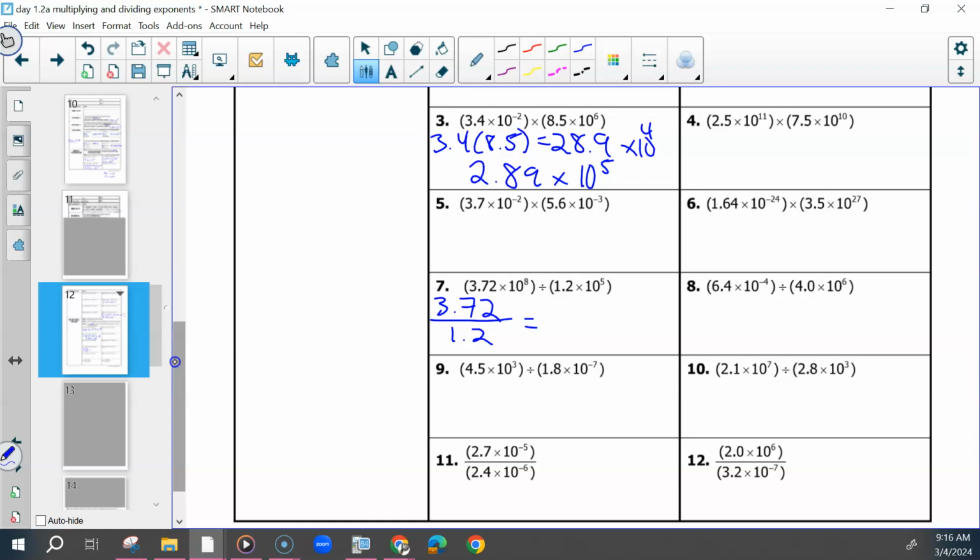To get, and then if we are dividing the like bases, what are we doing with the exponents? Subtracting. So our new exponent would be 3.